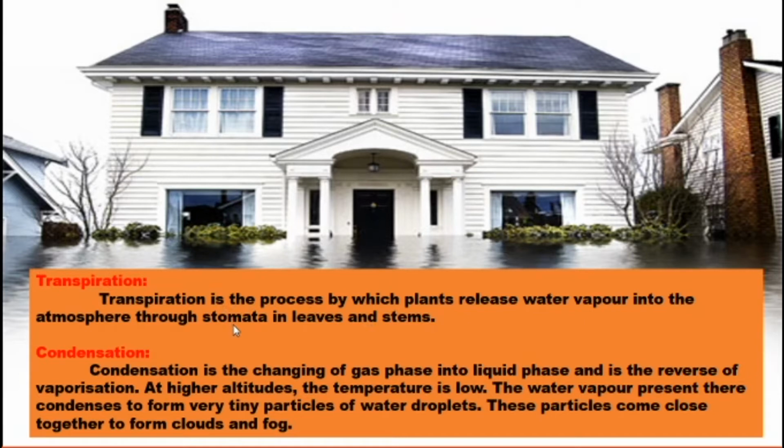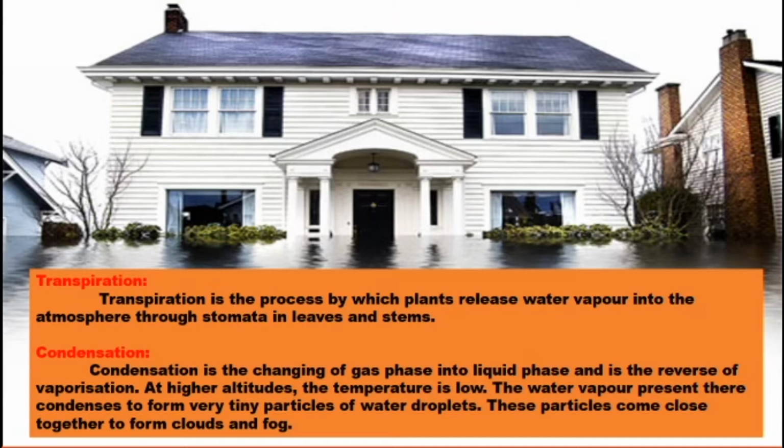When the guard cells open, evaporation is happening there. The water vapor comes out from the leaf or from the stem. That we consider transpiration.